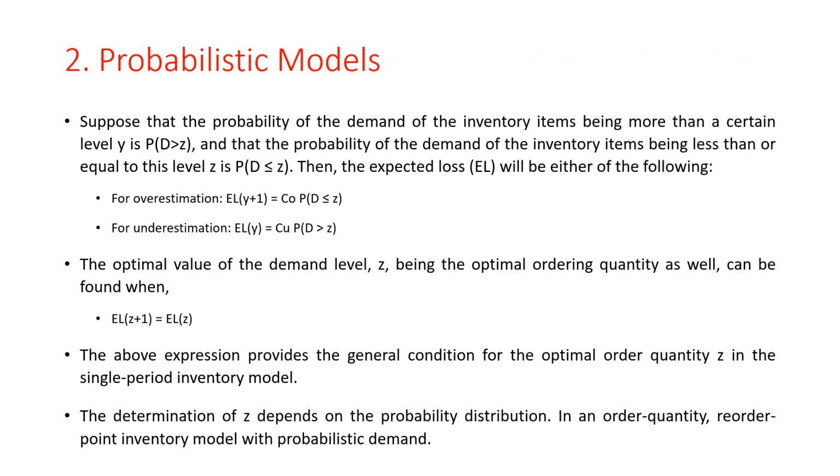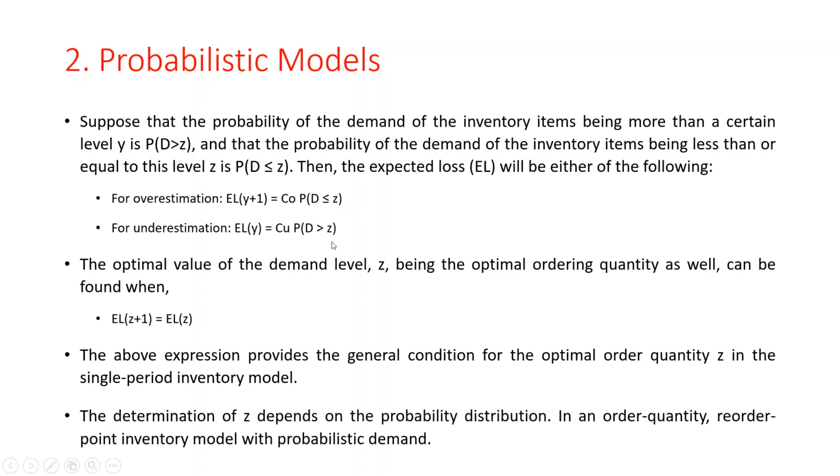The next is the determination of Z. In this expression, the determination of Z depends on the probability distribution. If our Z value is greater than or equal to the demand value, we have overestimation.